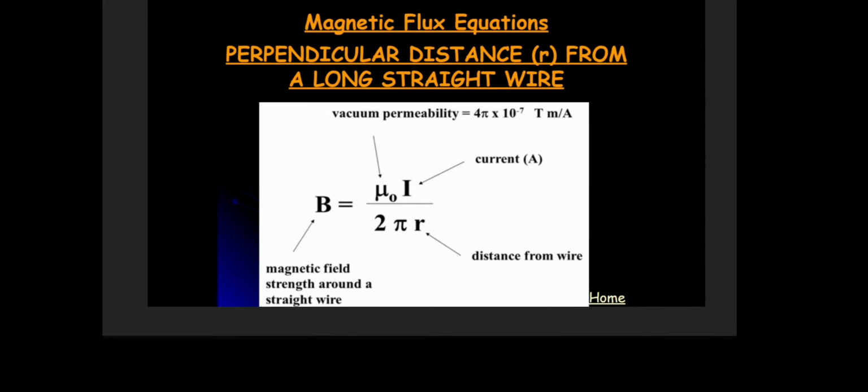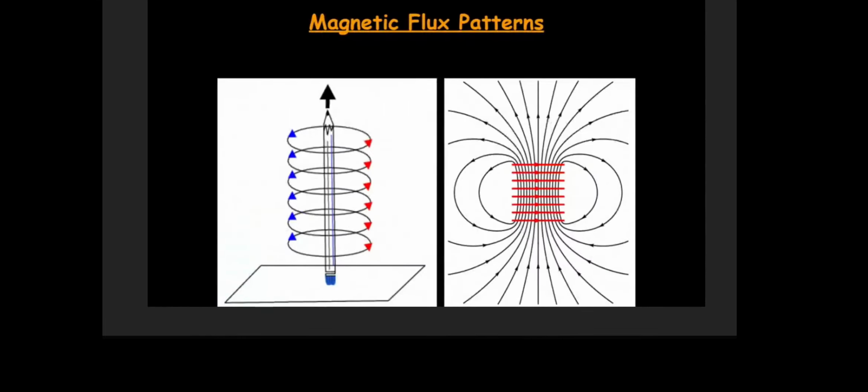And the denominator 2 pi r represents something in math: the circumference. As you can see, the conductor creates a magnetic field in a circular pattern.